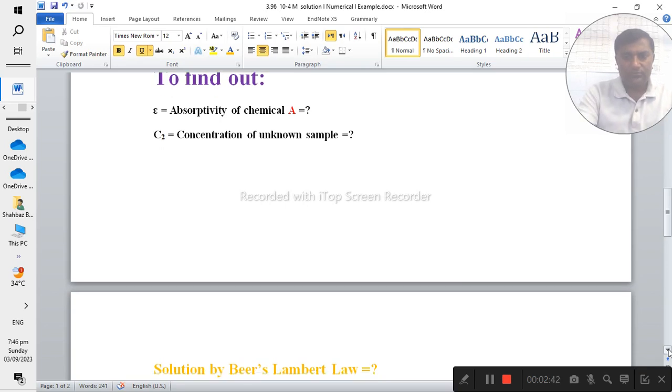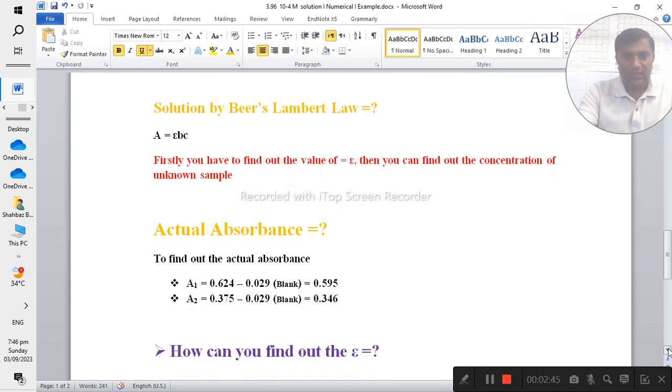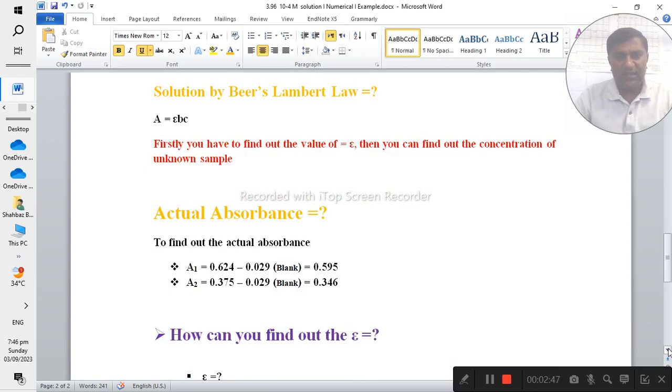Here you can apply the Beer-Lambert law, A = εbc. Firstly you have to find out the value of ε, then you can find out the concentration of the unknown sample. The actual absorbance is very important for those who are working with the spectrophotometer.